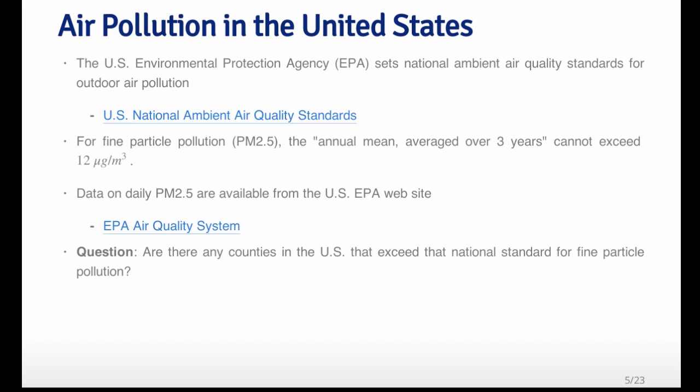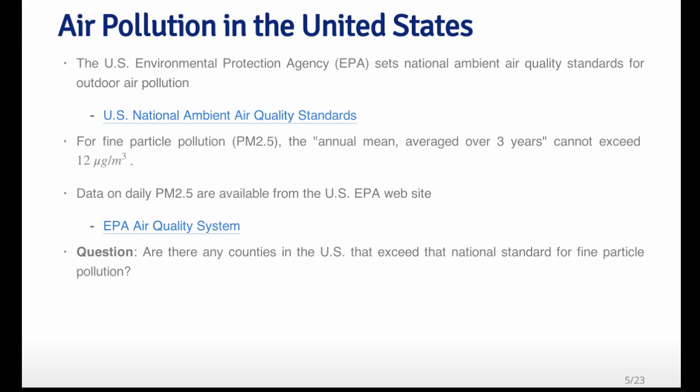I just want to go through a specific example in this lecture, so we can talk about the various types of exploratory graphs that you might make using a real data set. This data set involves ambient air pollution in the United States, and it comes from the U.S. Environmental Protection Agency, which sets national ambient air quality standards for outdoor air pollution.